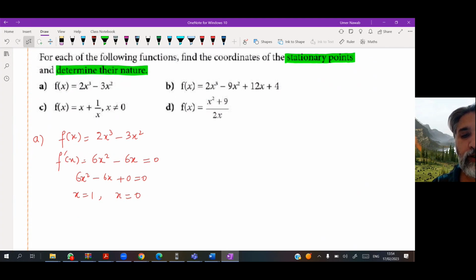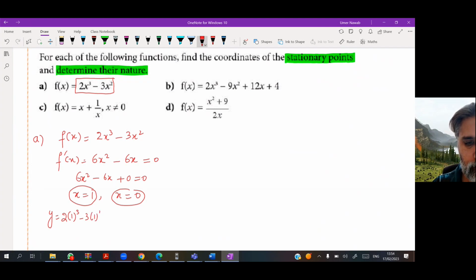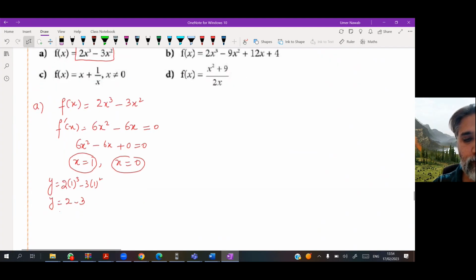We want to find the y coordinates as well. You substitute these values one by one into the original function to get the corresponding values of y. So find f of 1, or y. This gives you y equals minus 1.